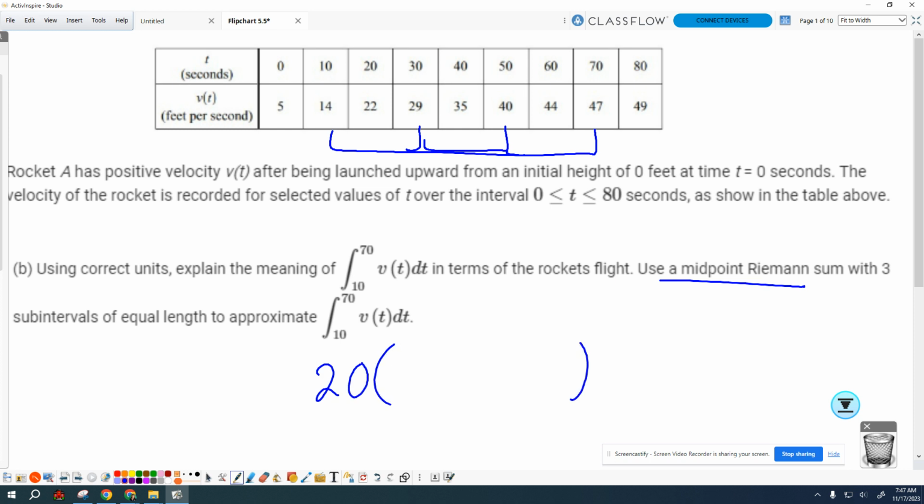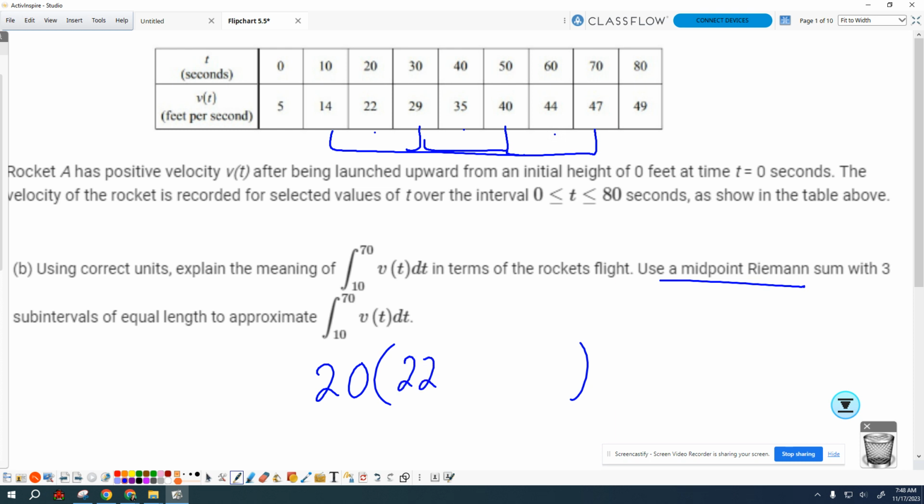Yesterday we did find the area of this rectangle, find the area of that rectangle, and then add them all together. This one, dx is uniform. It's the same each time. I'm going to factor it out. And then it said to use left ends, midpoints, or right ends. Midpoints. So the midpoints are the ones in the middle.